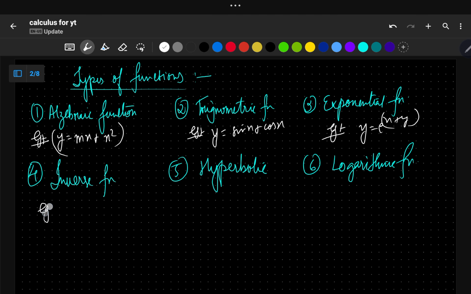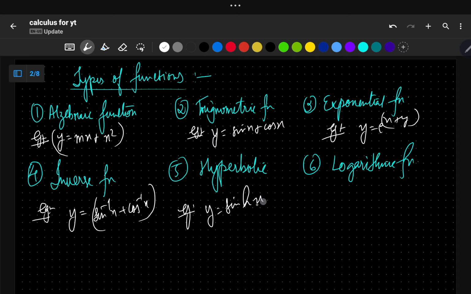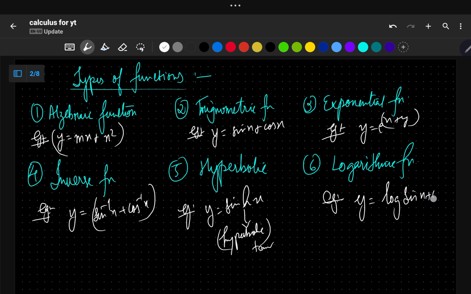For inverse, the example is y equals sin inverse x plus cos inverse x. For hyperbolic, the example is y equals sinh x. This is a hyperbolic function term. For logarithmic, y equals log of sin x plus cos x, like this. So these are the examples of the types of function, right?